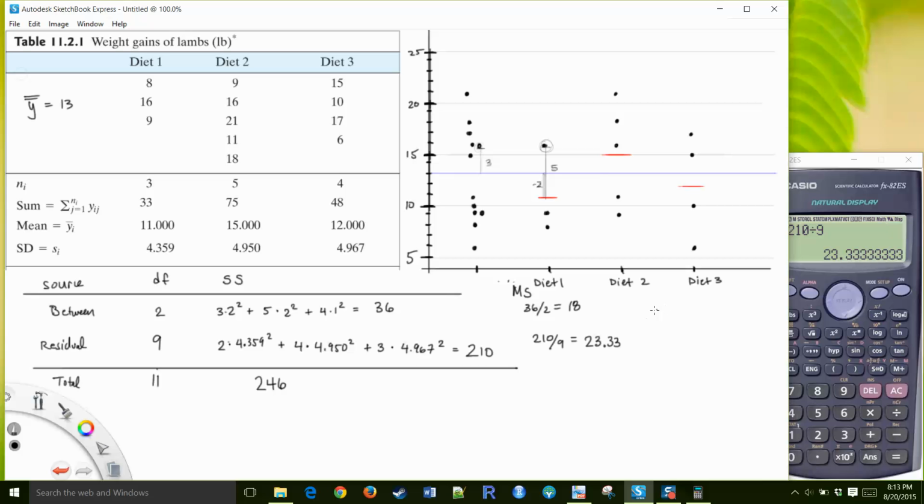All right. Okay, so now we would look this up in our F table. And the F table is a little bit strange. You would need a numerator degrees of freedom and a denominator degrees of freedom.